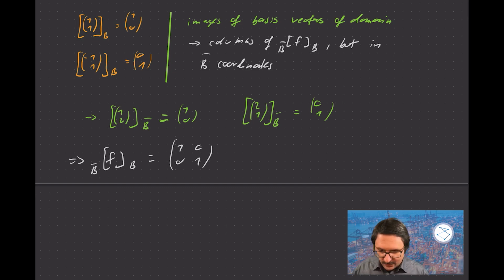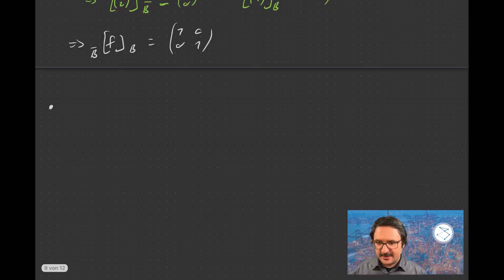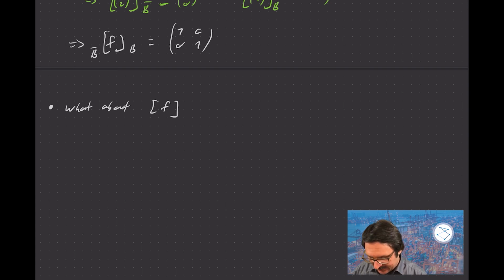Now, what about the case where we have such a matrix? I want to change one of the bases. Let's say we want to use the matrix C, the canonical basis, in the codomain.